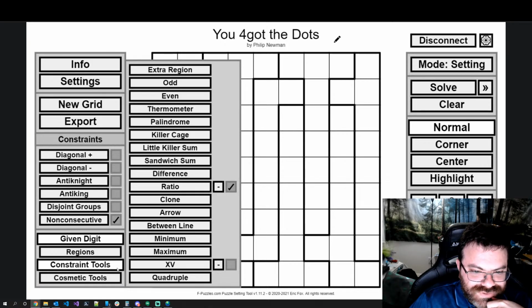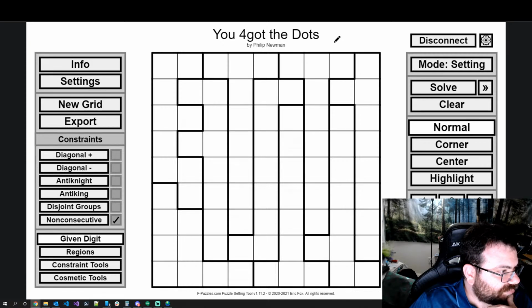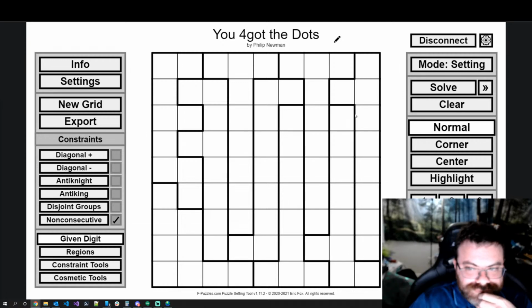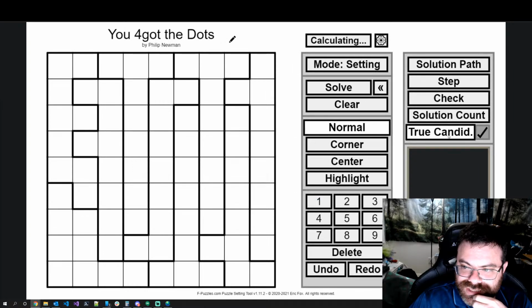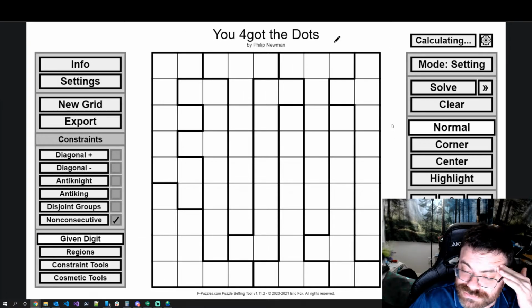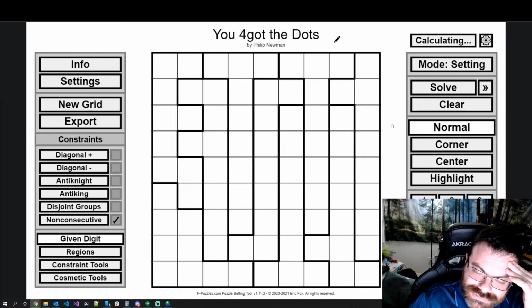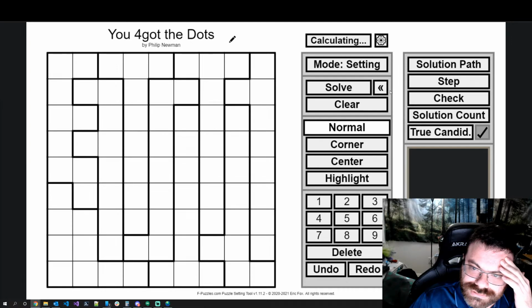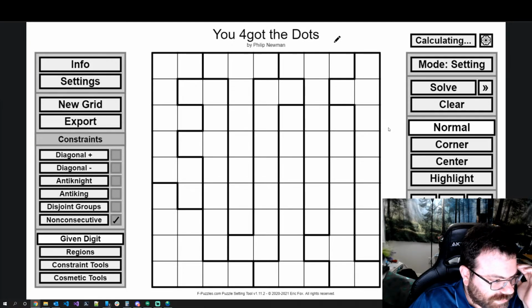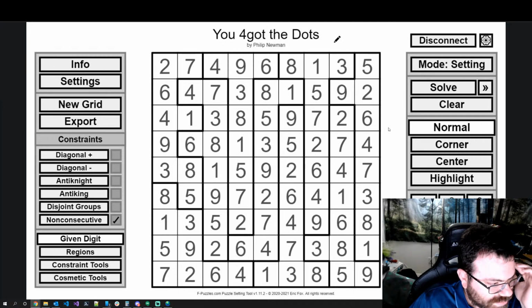So this is an anti-crop key, irregular region. And it has one solution. We couldn't figure out how to solve it, though. There's the solution. Took him a while to find one.